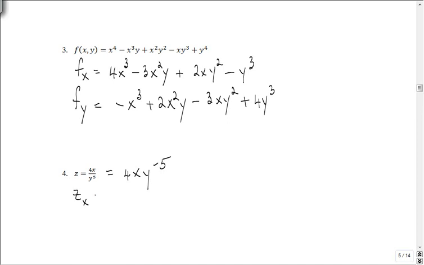Partial z with respect to x. Tell me what that is. Very good. 4y to the minus 5. Another person, give me the partial of z with respect to y. Negative 20xy to the negative 6. Beautiful. Great.